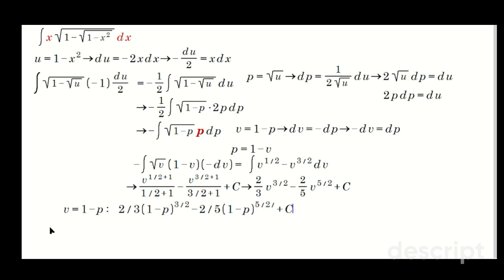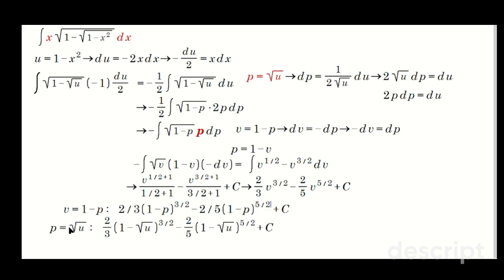But now remember that p, somewhere over here, p up here, so right here, look, was equal to the root of u, correct? So that means we're going to have now 2/3 of 1 minus the root of u to the 3/2 minus 2/5, 1 minus the root of u to the 5/2 plus c.